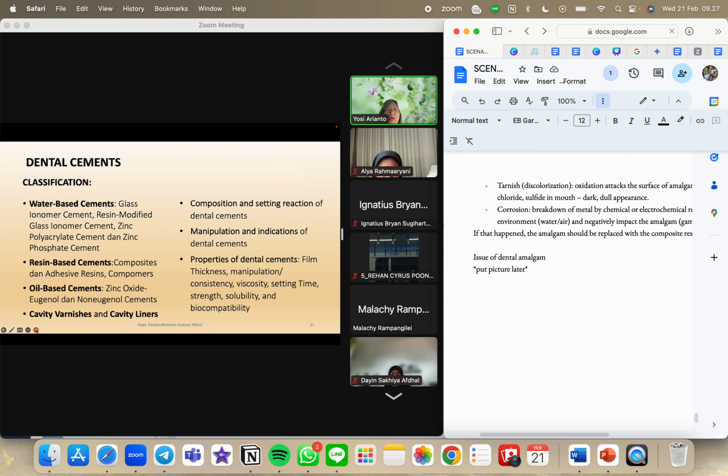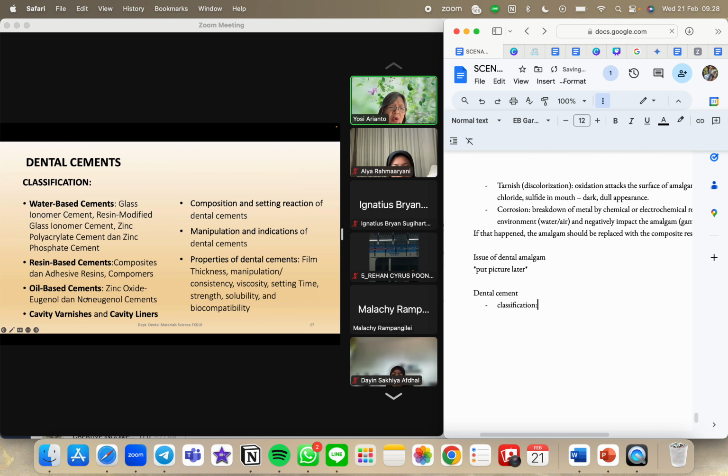Now, the last one is the dental cement. I think the classification was explained, resin-based cement and oil-based cement, but I think not cavity varnish or cavity liners.